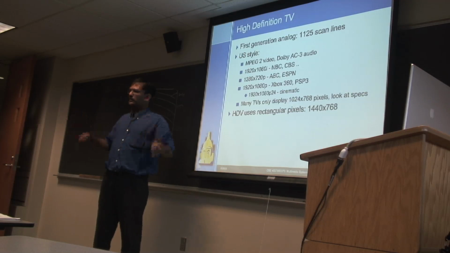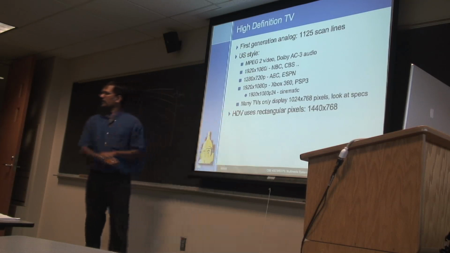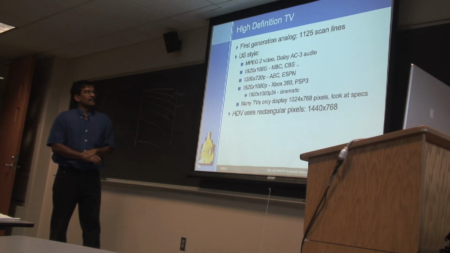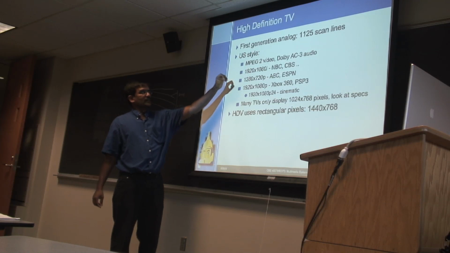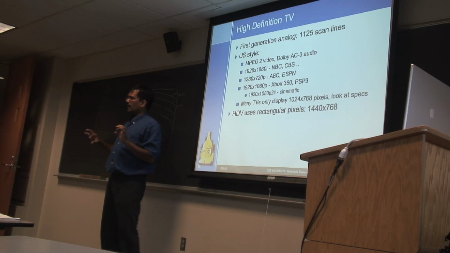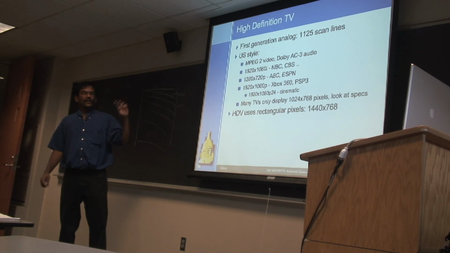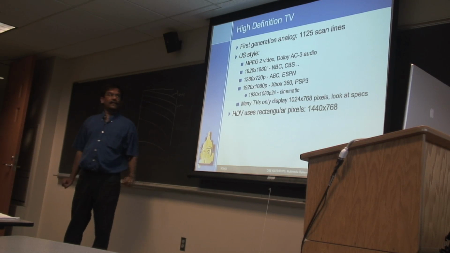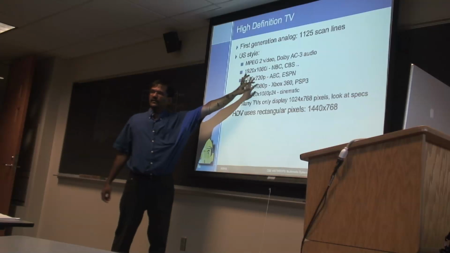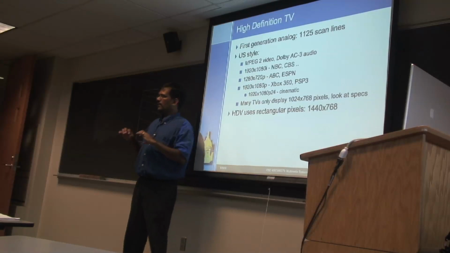It can do surround channel 5 if it wants, but the default is AC3. The two high resolutions it supports are 1920 by 1080, right, and 1280 by 720. So these are the two resolutions that are true high definition.